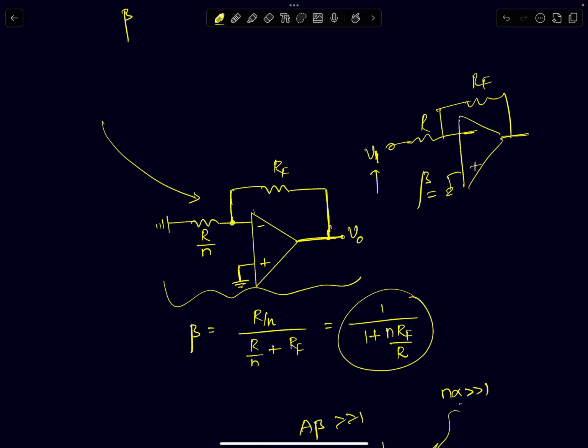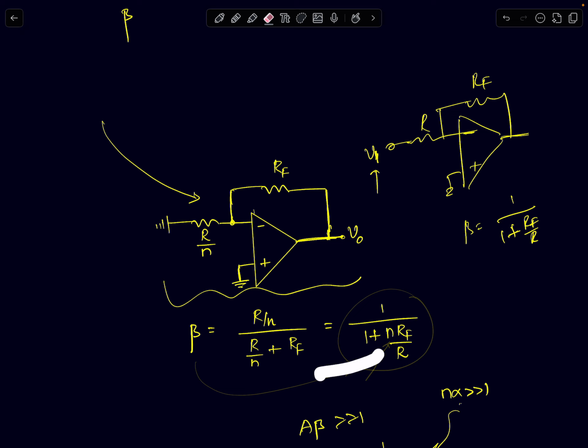The feedback factor for this circuit is very simple. That would have been 1 by 1 plus RF by R. But now, because of these n resistors in parallel, the feedback factor decreases. The amount of quantity that is being fed back decreases. So your beta becomes smaller. That's why I wanted to take an adder example to show you that in an adder the other resistors can decrease your feedback factor.